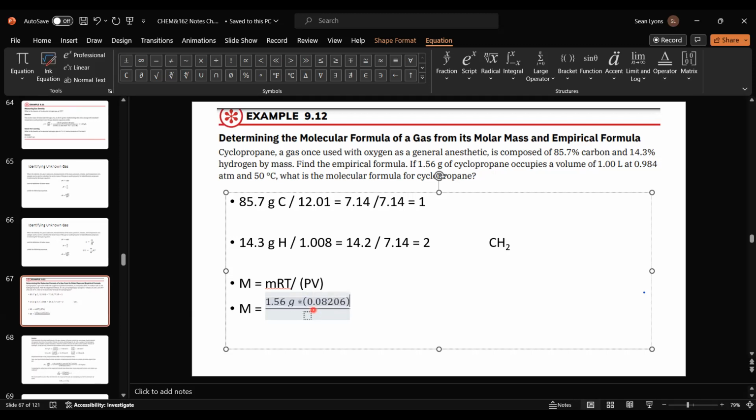And I'm not going to put the units there just because that's going to be a hassle to type. And then we've got a temperature of 50 degrees Celsius. Remember, we want Kelvin. So 50 plus 273 gives us 323 Kelvin. And then on the bottom, we've got a volume of 1 liter, 1 times anything, and a pressure of 0.984 atmospheres.